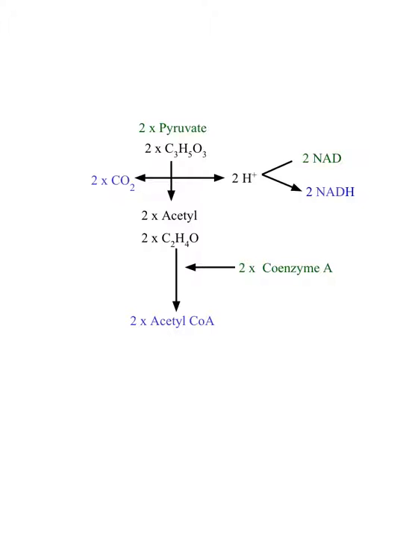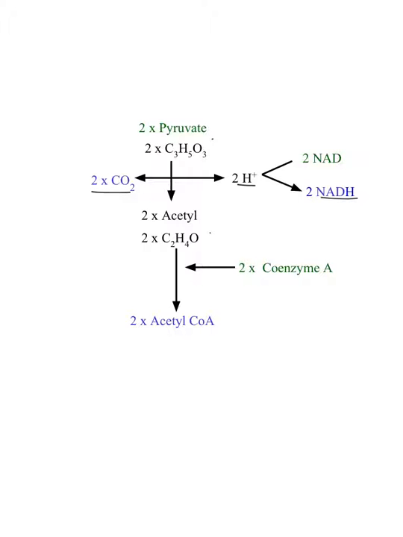So here's that flow chart, a whole lot neater than it was. Again, that which is in green is going to be the reactants and the products in blue. So we start out with our 2 pyruvates. We're going to go ahead and strip off our CO2 and hydrogens. Hydrogens get picked up by NADs, and we're left with an acetyl group.